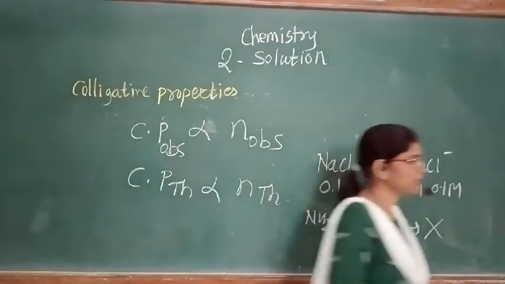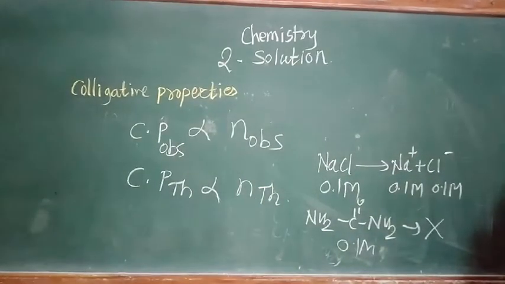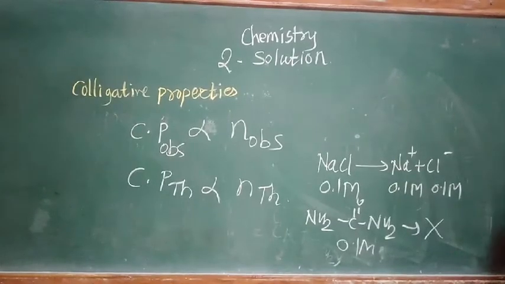One example is given. When NaCl is dissolved in water, it produces two ions, Na plus and Cl minus. Whereas if we take sucrose, urea or fructose, it is expected that the colligative property of 0.1 molar NaCl is twice that of 0.1 molar sucrose solution.